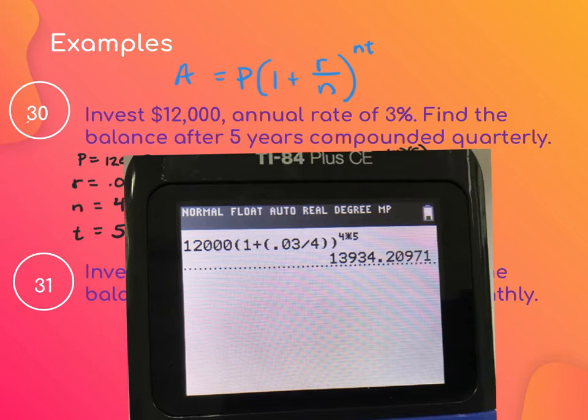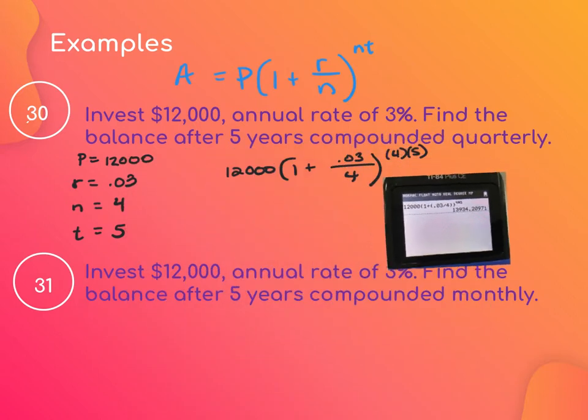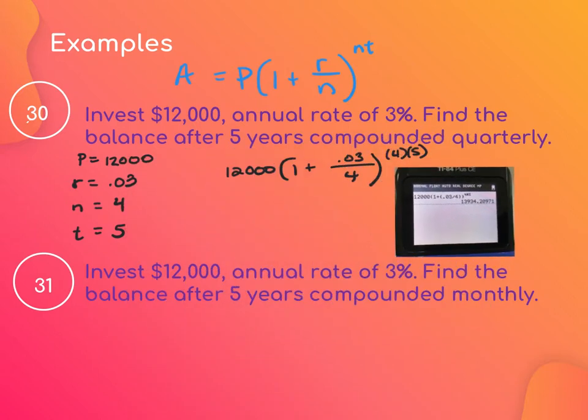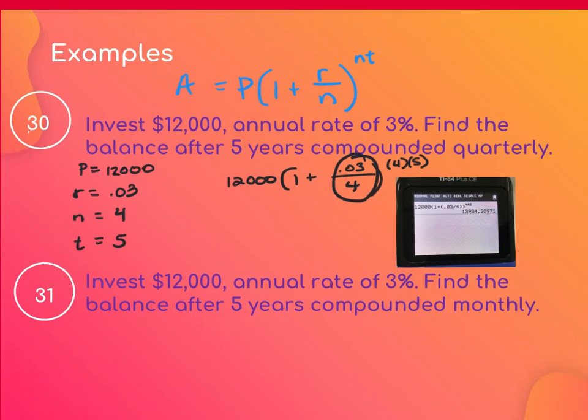If you're using a scientific calculator, then you have to do this in the complete reverse order. You have to start with this one. I have to take 0.03 and divide it by 4. That's 0.0075. Then I have to add it to 1. So I get 1.0075. Then I have to use y to the x or x to the y to raise it to the 20.